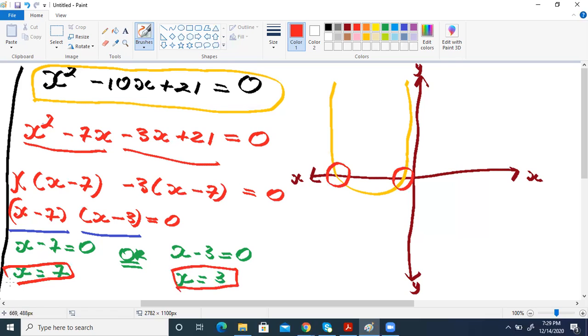So even though it seems weird to you that it has two solutions, that is the reason why it has two solutions. If you should plot it, it would look like this or similar to this on the graph, and it would cut the x-axis in two places that I've circled in red, and those places would be 7 and 3.